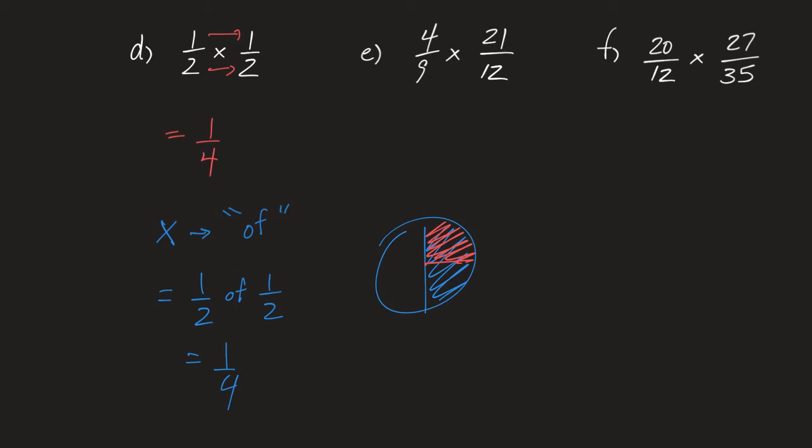So hopefully reasoning now can kind of make sense for why my denominator changed. I was taking a fraction of another sized piece. So I started with my blue, my halves, but then when I had my halves, I now had to take a fraction of that. So halves became quarters.